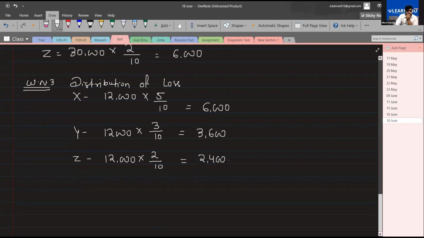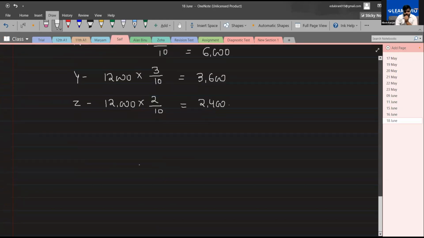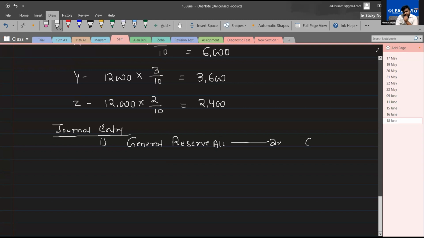So now the journal entry. There will be 2 separate journal entries. One for distribution of profit. So general reserve will be debited, it is 6,000.